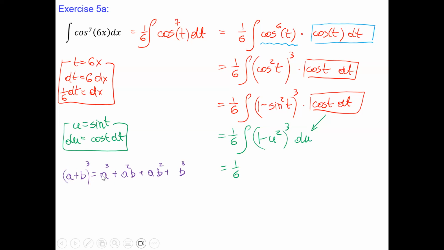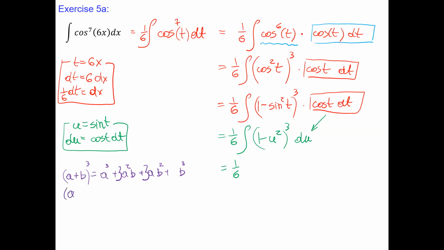For a, the exponents are decreasing: 3, 2, 1, 0. For b, the exponents are increasing: b to the power of 0, b to the power of 1, b to the power of 2, b to the power of 3. The only thing that is missing is the coefficients. And coefficients we will take from that Pascal triangle, but I can tell you it's 1, 3, 3, 1. If it's addition, all is addition.